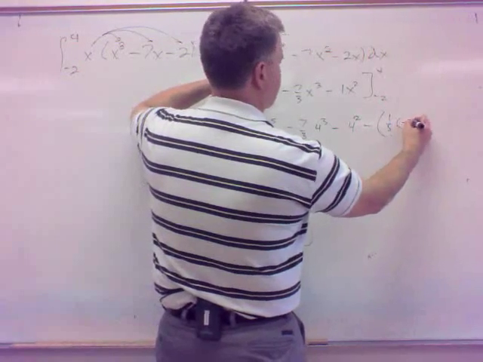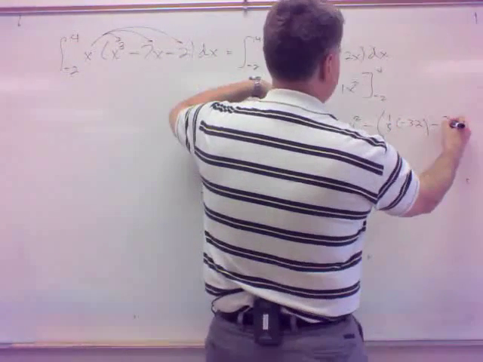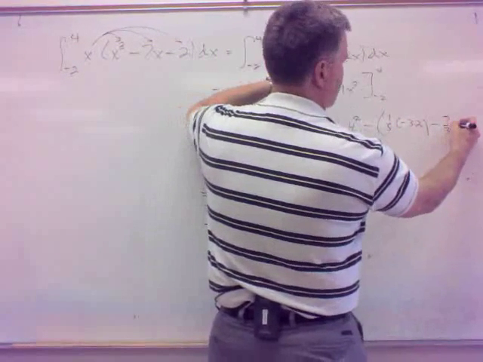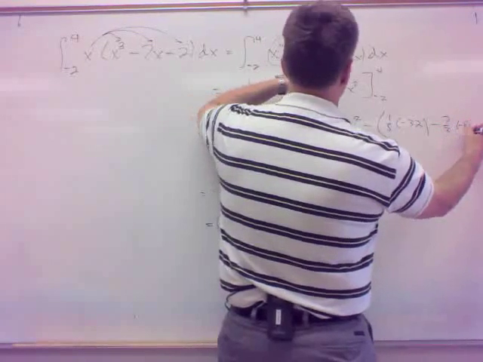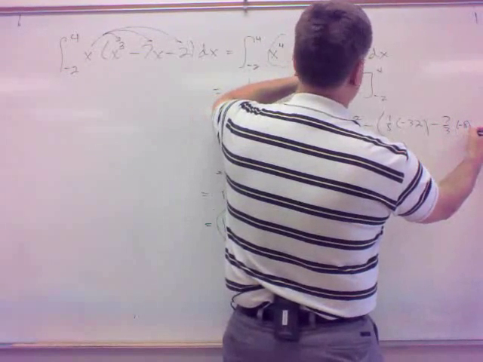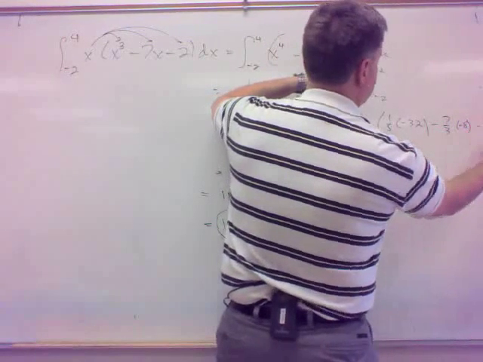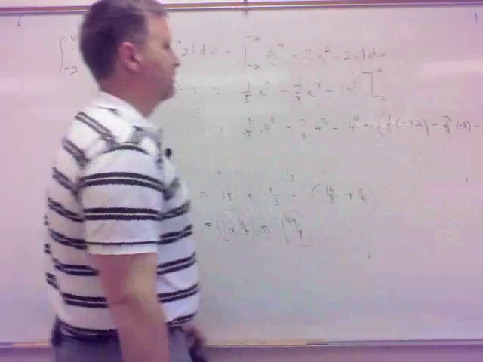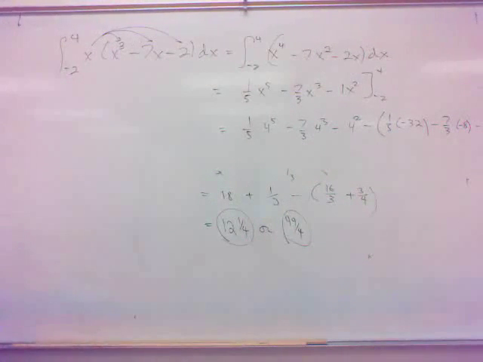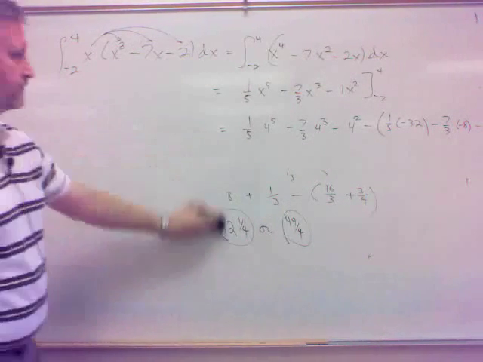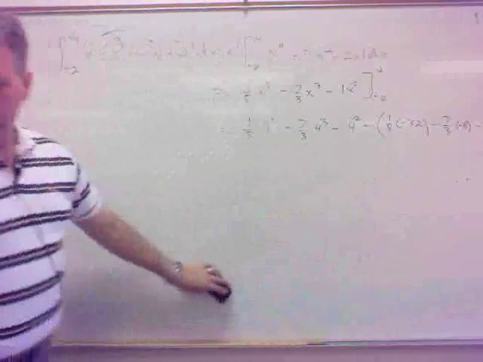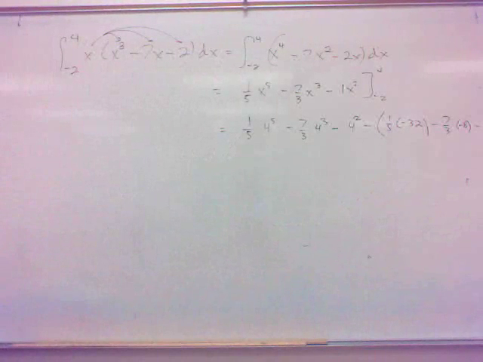-2 to the 5th would be -32. Minus 7/3 times -2 to the 3rd would be -8. And then minus 2 squared is positive 4, so it'd be minus 4 in the end there. If I did all that right. So altogether, what do we got? 4 to the 5th is 1024. 1024 over 5.